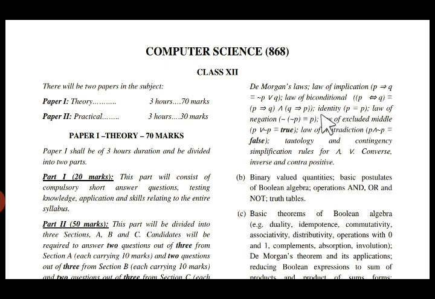Then identity, after identity, law of negation, law of excluded middle, then law of contradiction, then tautology and contingency, simplification, rules for conjunction and disjunction, or and and, then converse, inverse, and contrapositive.